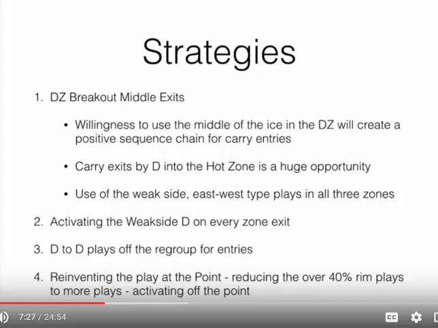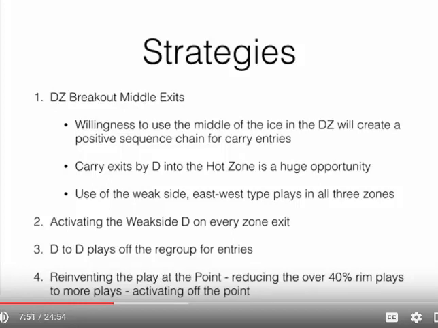And then using the weak side, east-west type plays in all 3 zones is important, critical actually, and being able to understand how to take advantage of when the puck goes east-west, what the areas of opportunity really are. Activating the D on the weak side on every zone exit is huge. D to D plays off the regroup plays for entries is massive.